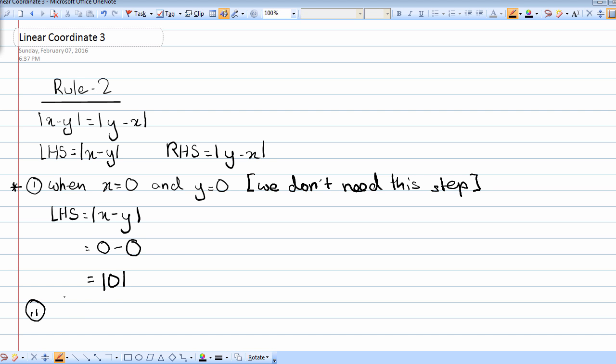So let's get started. Now we are going to consider that x is positive, so this means that x is greater than 0. Let's also consider that y is positive, so in this context too, y should be greater than 0.